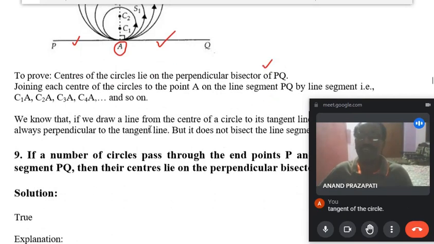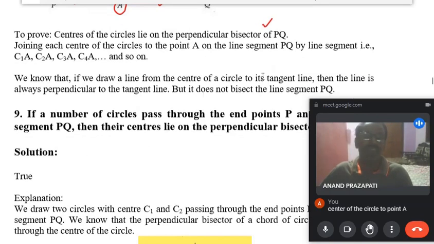So see here, joining each center of the circle to point A on the line segment PQ by line segments C1A, C2A, C3A, C4A and so on.